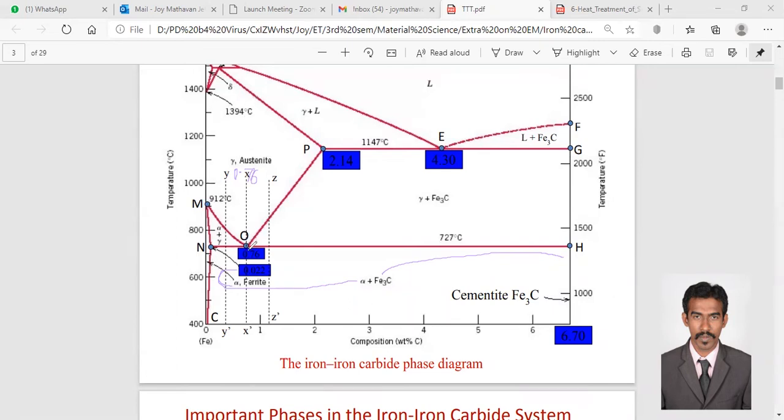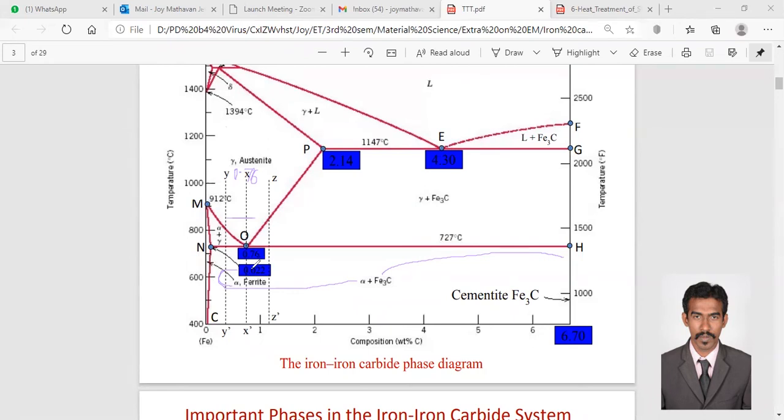If it is an FCC structure after 727, we may stop with 750 somewhere here. Whether it's 750 or 1250, it will have the same FCC structure. So we don't need to waste that much energy while heating. We stop somewhere here, 700 to 800. That's why it is mentioned as 700 to 800 degrees Celsius when you are doing this heat treatment.